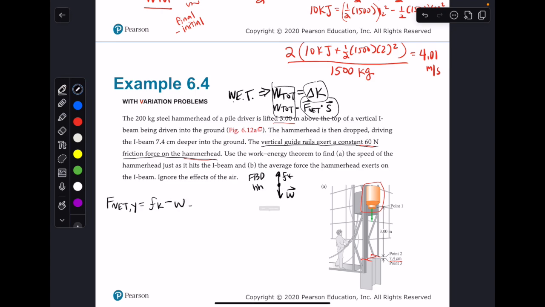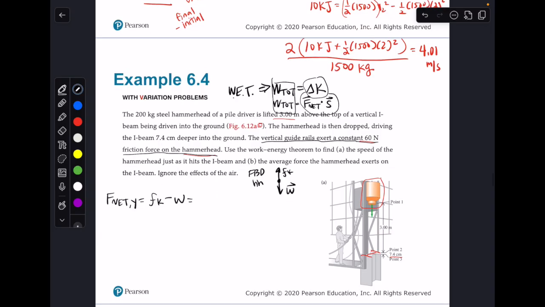So that is going to be, were we told the weight of, 200 kilograms. So the weight is 200 kilograms times gravity, and then the frictional force is 60, right? So we're going to get 60 newtons minus 200 kilograms times 9.8, right?